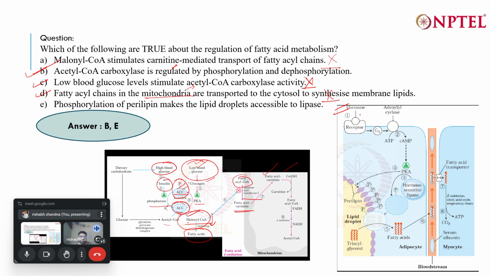So this was the lipase pathway, and here after activation, perilipin makes the lipid droplets accessible to the lipase. Yes, so this is also correct. So the correct options are B and E. The rest of the options are false.